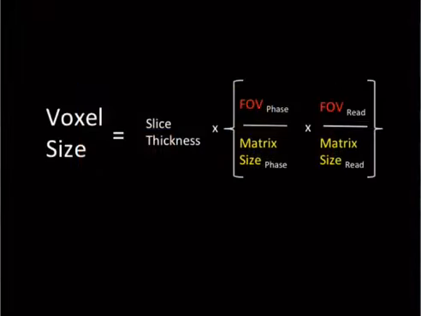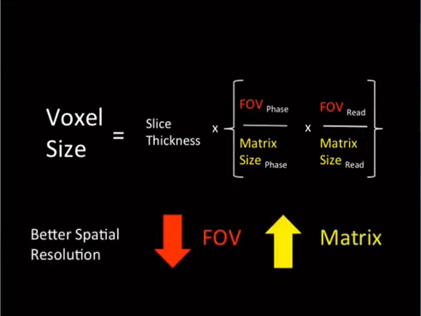Like I mentioned before, voxel size is determined by your slice thickness, your field of view, and your matrix size. The point of this equation is, for better spatial resolution, you want less field of view and more matrix. The way I remember that is to think about your field of view looking into a microscope relative to using your naked eye.